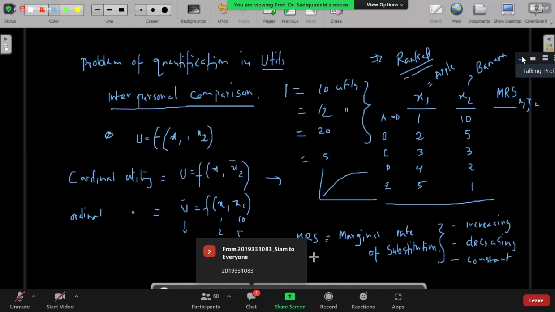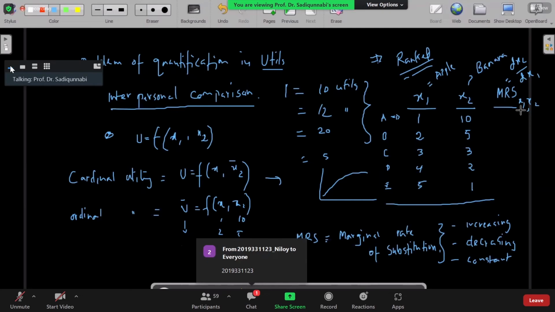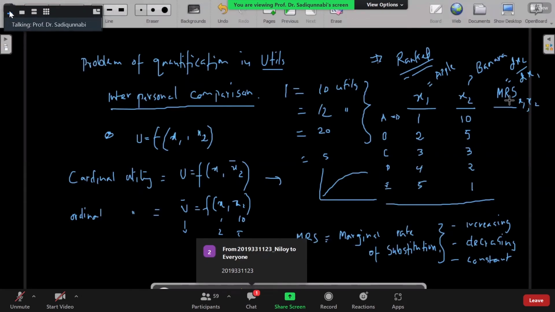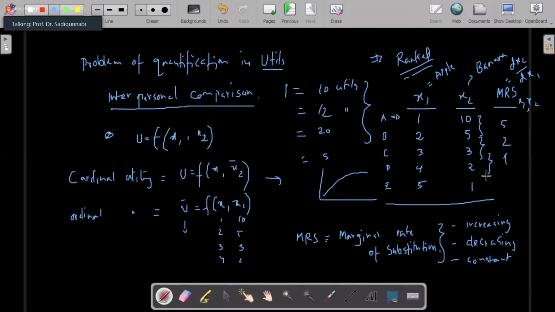Decreasing. Why? Because this is actually nothing but dx2 over dx1. If we take dx2 over dx1, it will be 5, then 2, then 1, then 1. So it is decreasing.